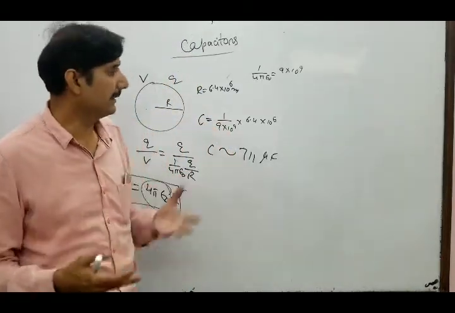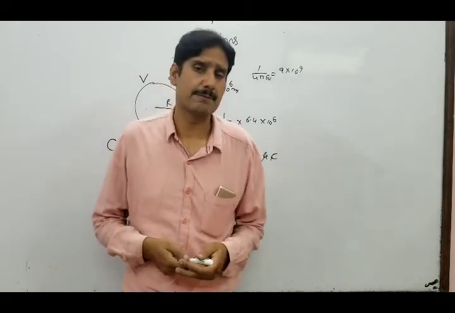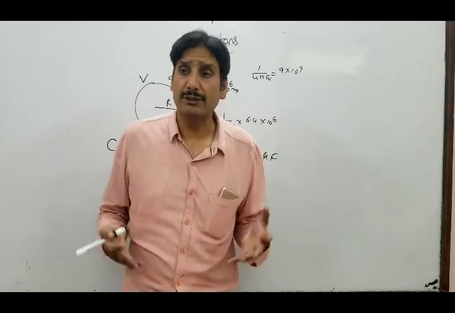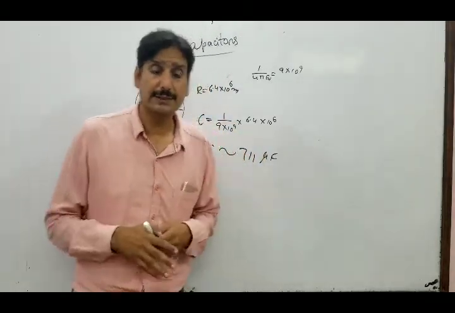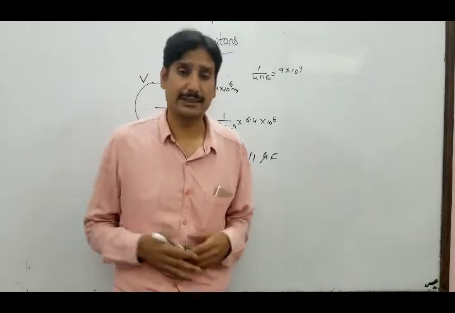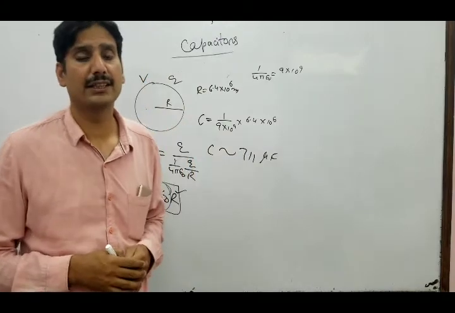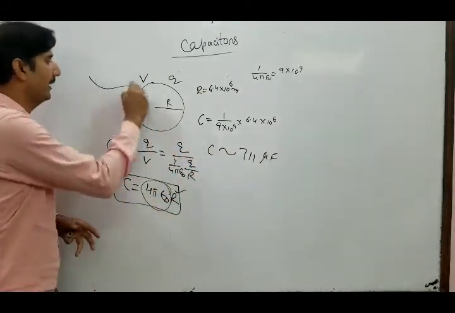So farad is too big a unit to measure the capacitance of practical devices. Rather, microfarads, nanofarads, picofarads, 10 raised to the power minus 12 farad, are a more practical way of measuring the capacitance of practical devices.